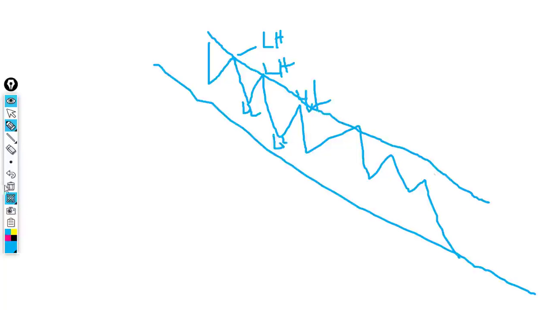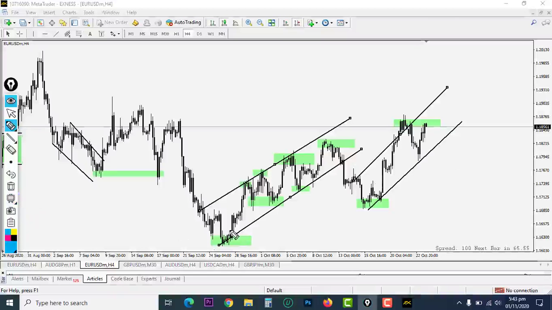Okay, so that's basically how the market works and operates. So we have our lower highs, lower low, lower high, lower low, right? What did I just say? I'm sorry, guys. Higher high, higher low, higher high, higher low, higher high, higher low.